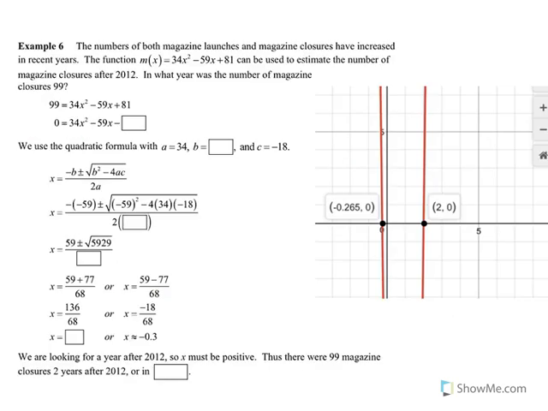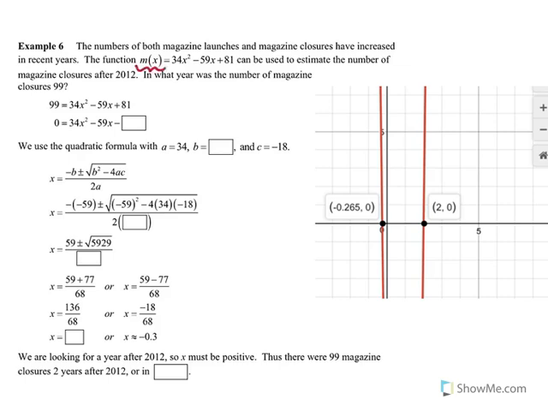The number of both magazine launches and magazine closures have increased in recent years. The function m of x is equal to 34x squared minus 59x plus 81 can be used to model and estimate the number of magazine closures after 2012. In what year was the number of magazine closures 99?